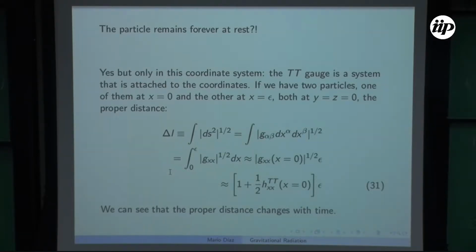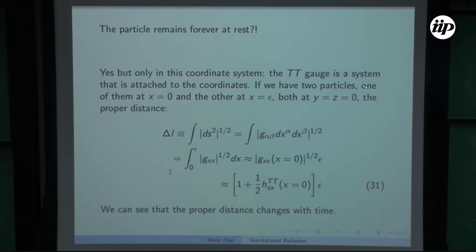As the objects move, distances change, but the system is not changing because it's mounted, if you want to put it this way, on the wave itself. So that's the main characteristic of the transverse traceless gauge, that you're describing the wave from the point of view of the wave itself. And so the TT gauge is attached to the coordinates.